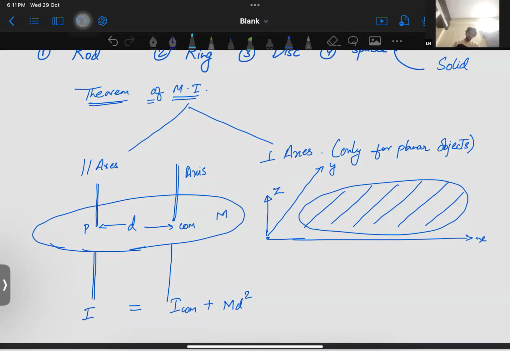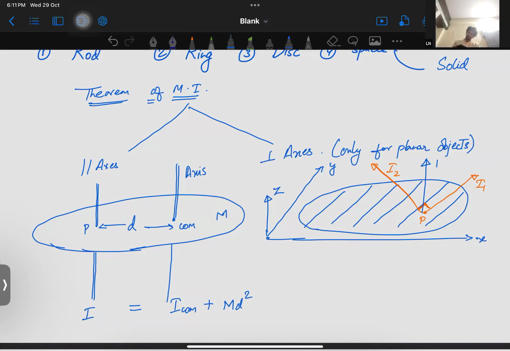For example, if you had this particular point P over here, let's say that this is I1, and I2 is this way. The angle between these two is how much? 90 degrees. And these two lines are in the plane of the lamina, that means in the XY plane or the object's plane itself. And there is one more which is perpendicular to this plane. That will be this way over here.